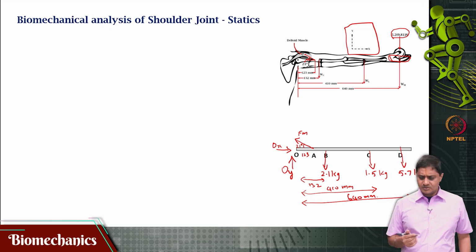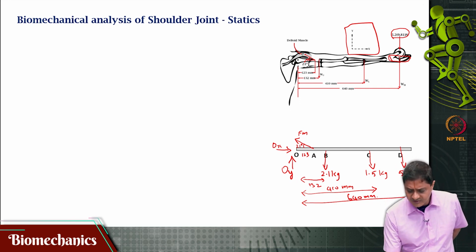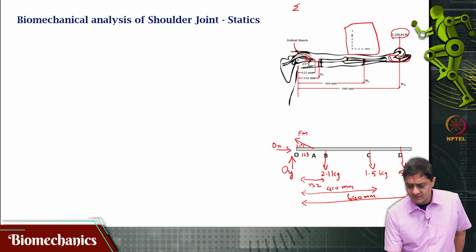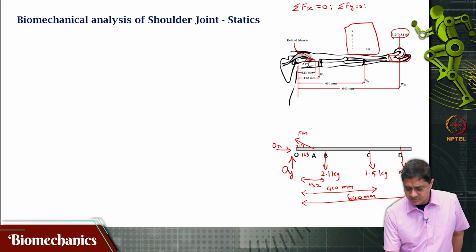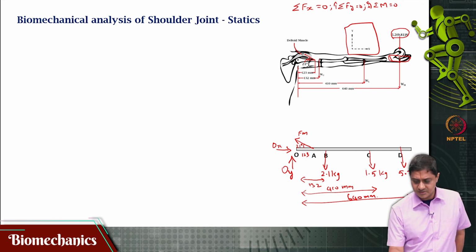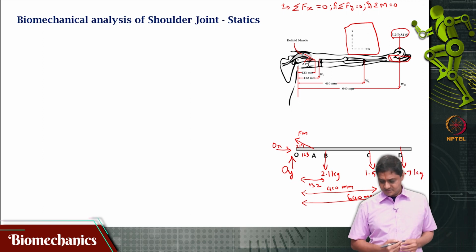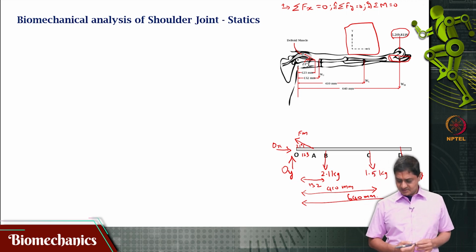So, let us write out the equations of static equilibrium that we have seen previously in our introduction videos on engineering mechanics. In this case, sigma Fx equal to 0, sigma Fy equal to 0 and sigma M equal to 0. Counterclockwise considered positive, right. These are the equations that we are interested in solving.